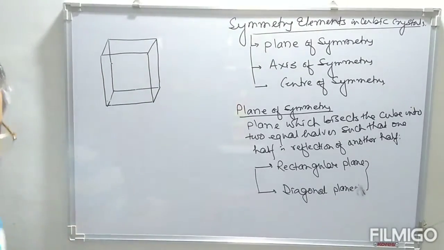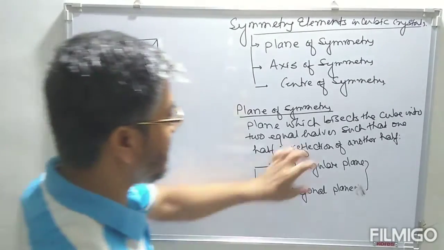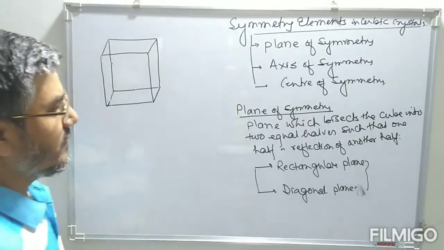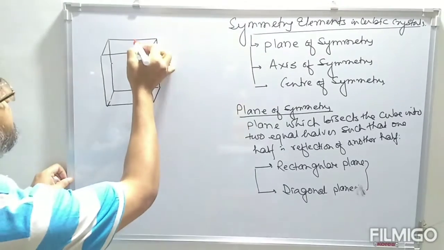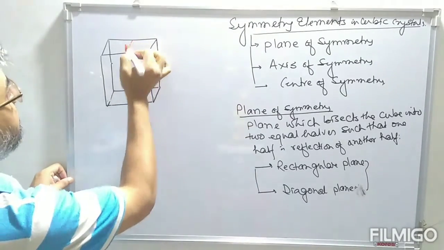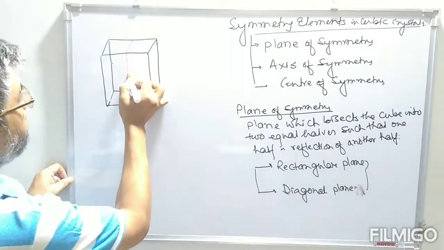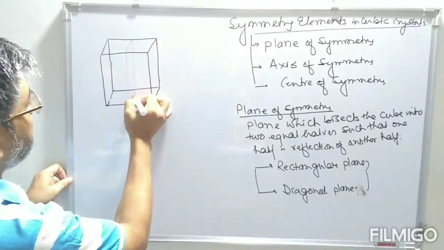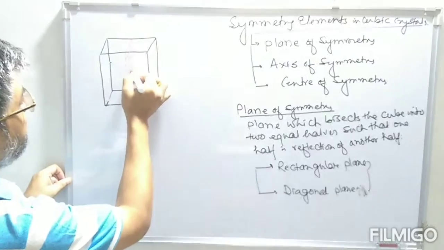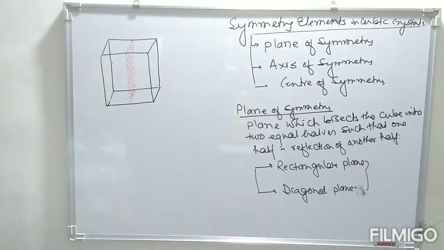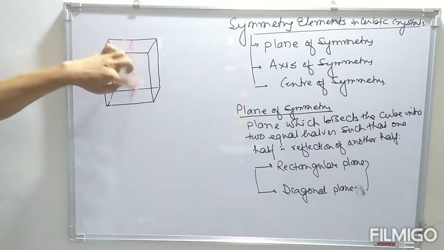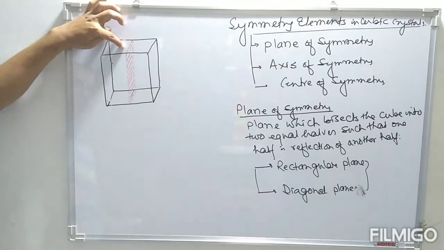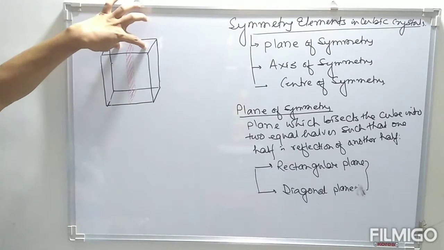So we have a cube. Now in this cube we have to define the rectangular plane. Now take this plane. So we have a plane here. Now this plane bisects two opposite faces. This plane bisects the cube into two equal halves such that this half and this half are mirror images.